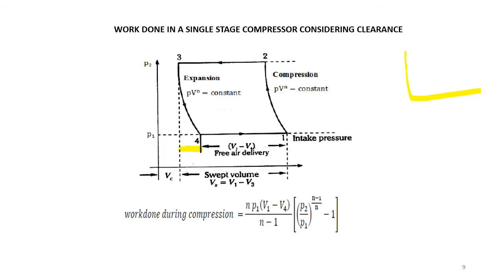Work done during compression is given by n into P1 multiplied by (V1 minus V4) upon (n minus 1) into [(P2 by P1) raised to (n minus 1) by n, minus 1]. This particular formula you already studied in your thermodynamics.